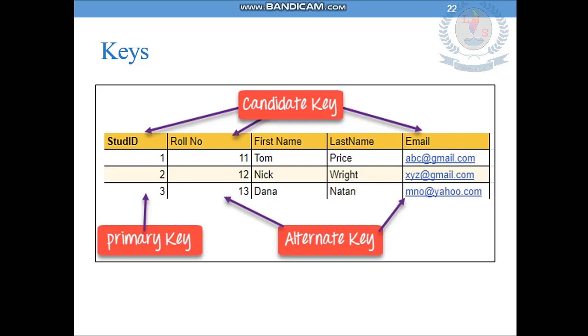Then by considering these three candidate keys, we have to select the most suitable unique key. That key we name as the primary key of that table. Then the other two candidate keys we name as alternate keys. So this is how we can separate keys in a table.